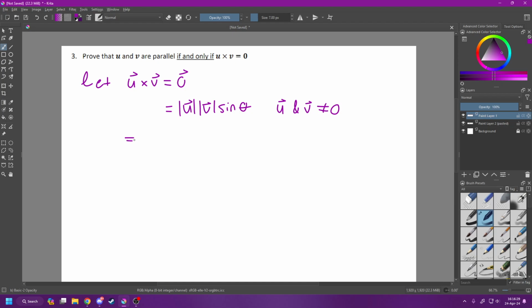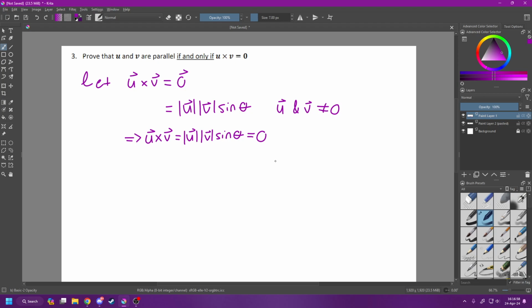And so all this implies that the cross of u and v is equal to the magnitude of u and v times sine theta, which we are looking to get equal to 0, where theta is the difference in angle between the two vectors u and v.